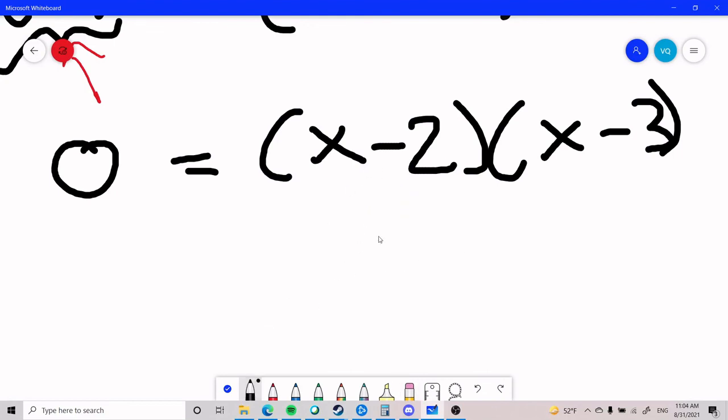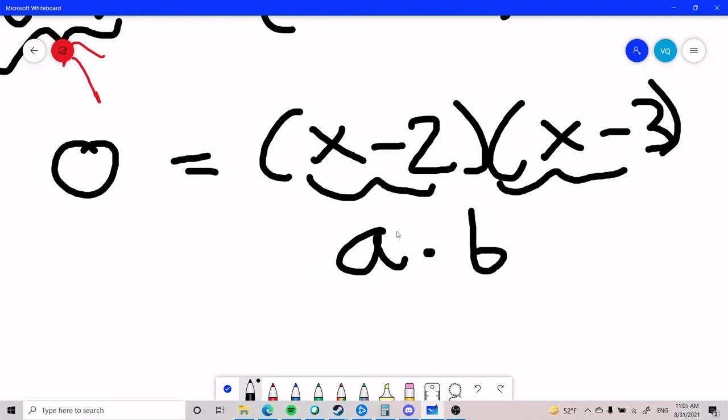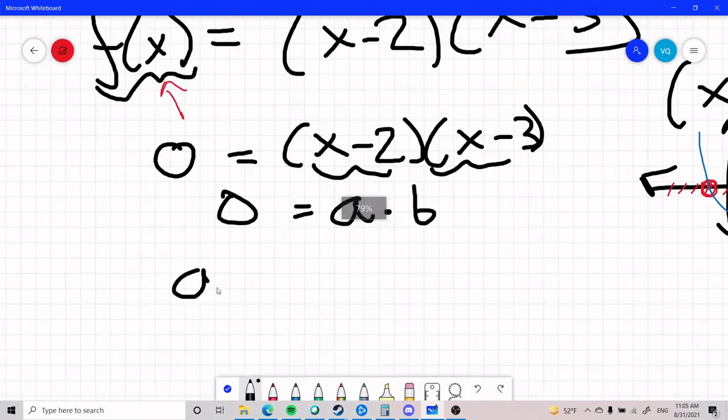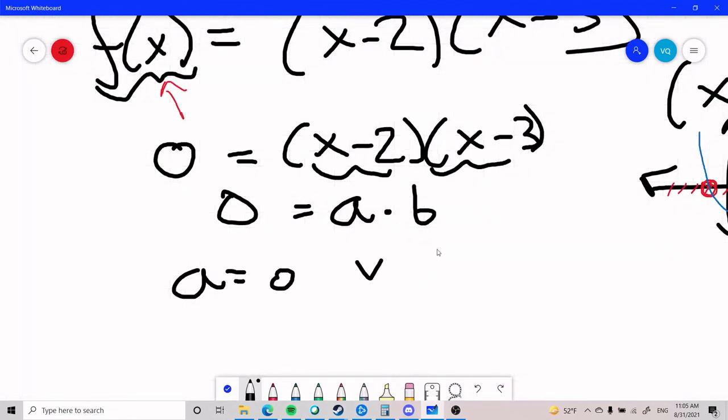If I have two numbers being multiplied, I'm going to call the first one a and the second one b, that give me 0, that means that either a equals 0 or b equals 0, right? And or both, right?